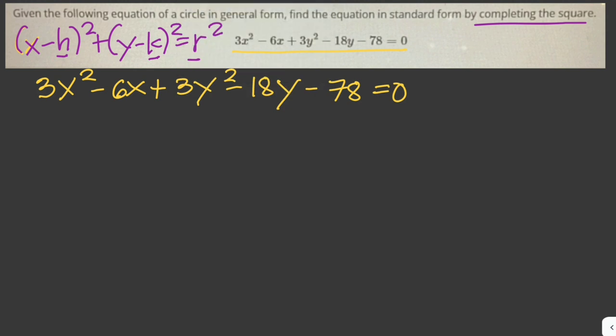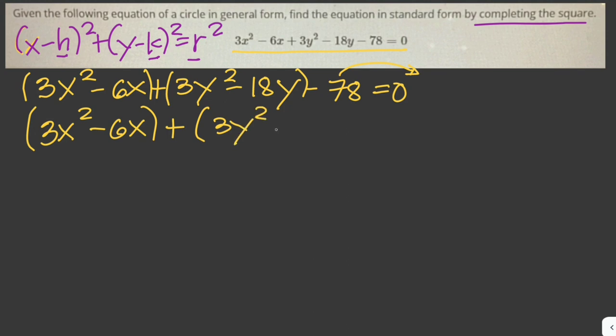So the first thing we do here is we group them. We group this and this one, and then we transpose 78 to the right. So we group 3x squared minus 6x plus 3y squared minus 18y. Then we transpose negative 78 to the right. It will become positive 78.